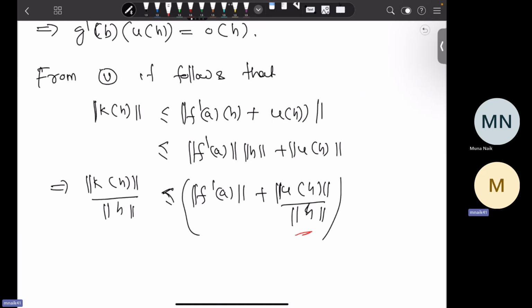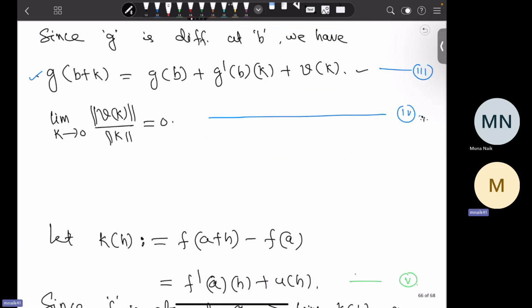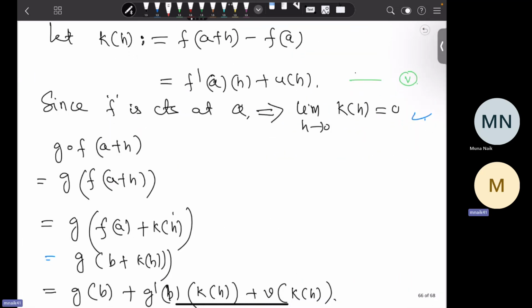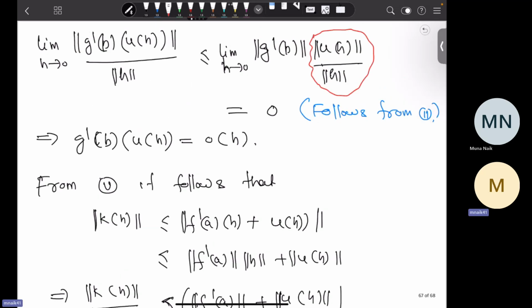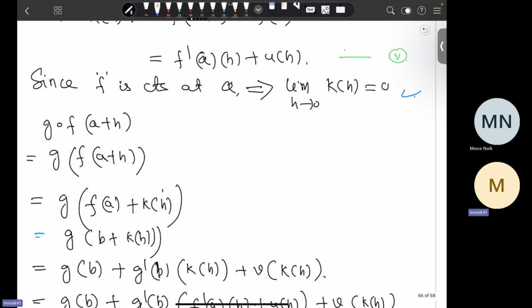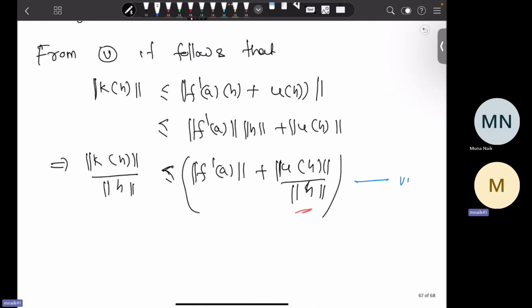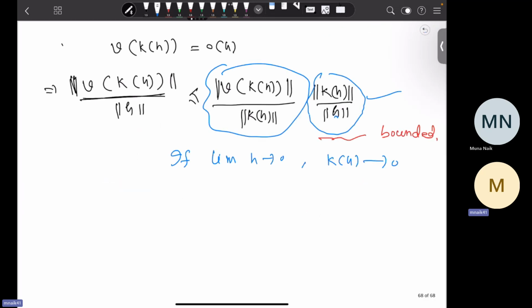As h goes to 0, norm of uh by h goes to 0, so norm of kh by h is bounded. This is not a problem at all. Let us write it as B double I. So this thing is bounded.